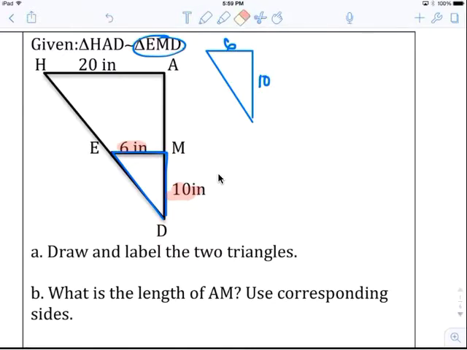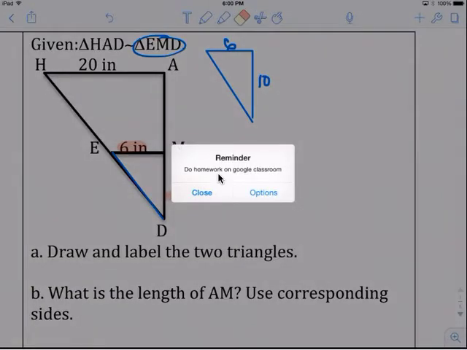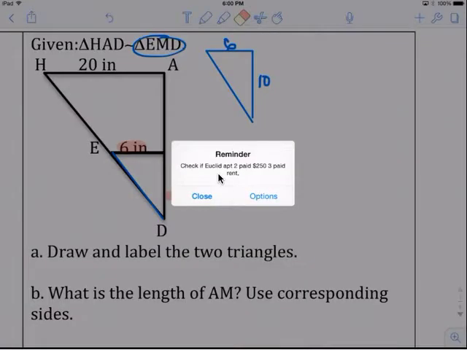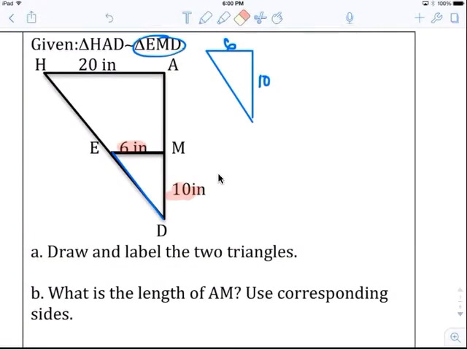And then close. You see, I even have reminders of stuff that I need to do, pay stuff to do, Google Classroom no later than now. Okay, that and A to D right there, and then that triangle there.